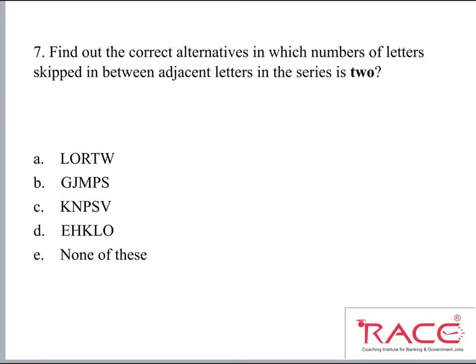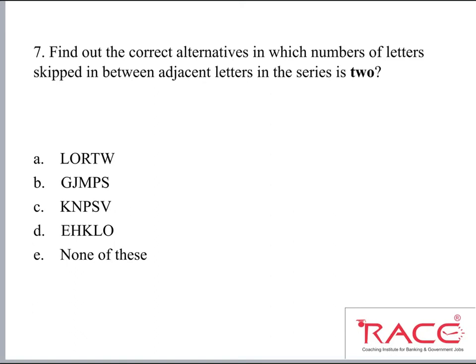Now move to the next question. What are they asking? Find the correct alternative in which the number of letters skipped between adjacent letters in the series is 2. Please read this question very carefully. We have to find the word in which the number of letters between every adjacent letter is 2.